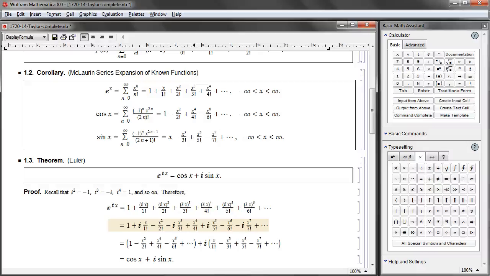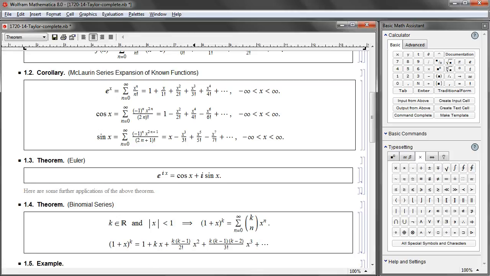The real part turns out to be all the even powers and even factorials with alternating sign, plus minus, plus minus, and that's cosine. How about the imaginary part with i? We have alternating sign, plus minus, plus minus, and all the odd powers and odd factorials. That's sine. So what we have, this result, e to the ix power is equal to cosine of x plus i sine of x.